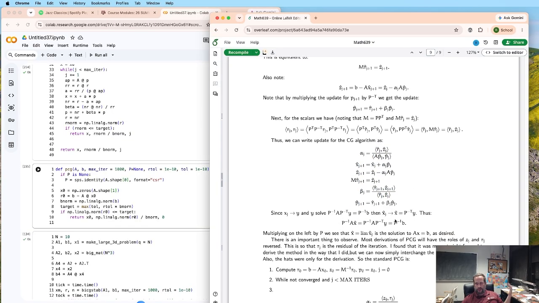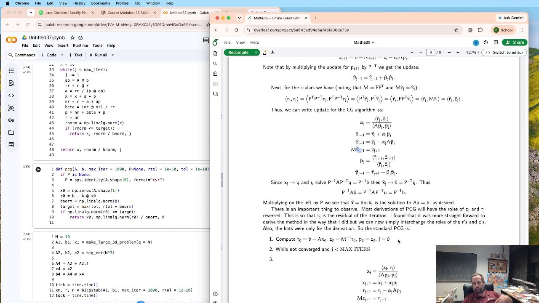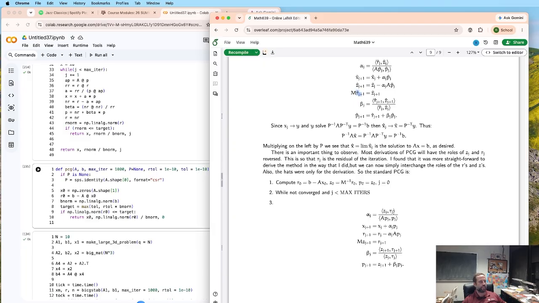I'll let you go through the derivation. The issue here is that the thing that we're calling zj hat is the residual, so it should be called rj hat, which means this thing we're calling rj hat should be zj hat. So we should reverse both of those. If we do that and then get rid of the hats, because the hats were just for the derivation, this is the system that we get right here.